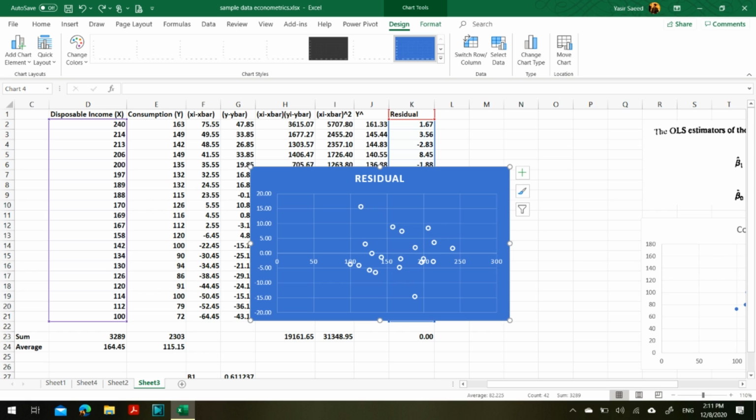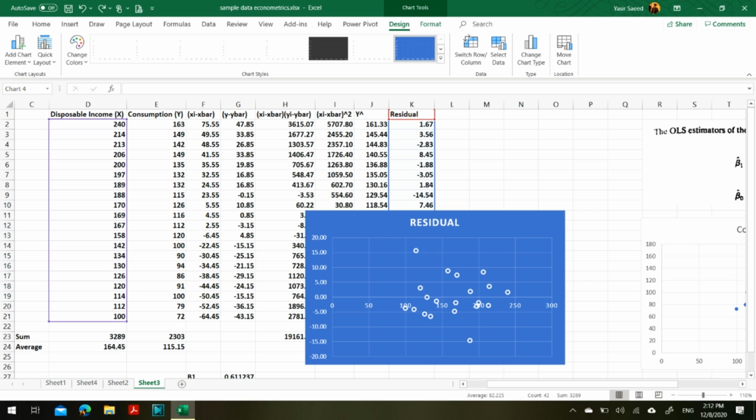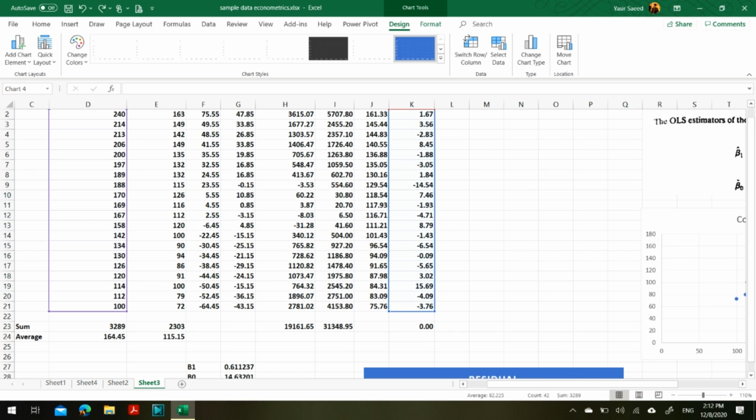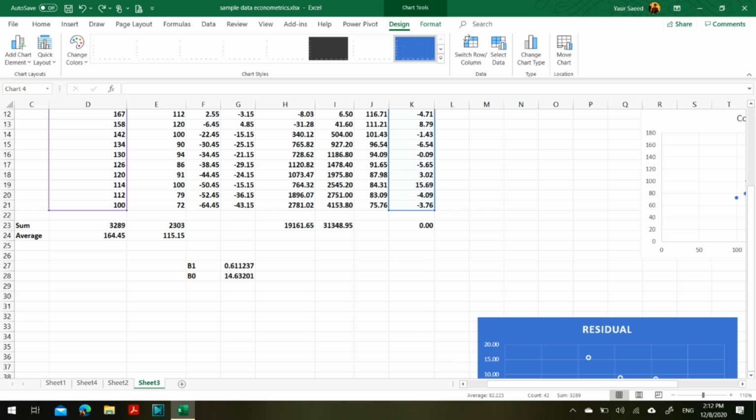And normally, heteroscedasticity is usually related to cross-sectional data. But if we have time series data, we may be able to identify the autocorrelation through this graph. So that's why plotting a residual is sometimes important whenever we run a regression equation.